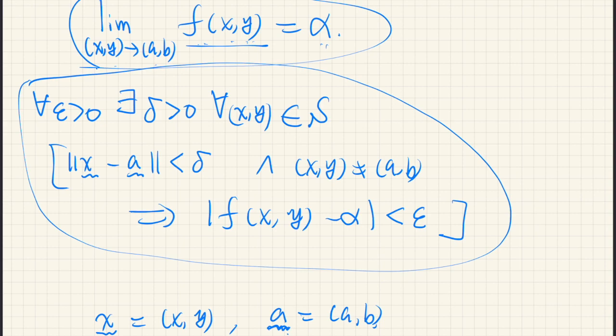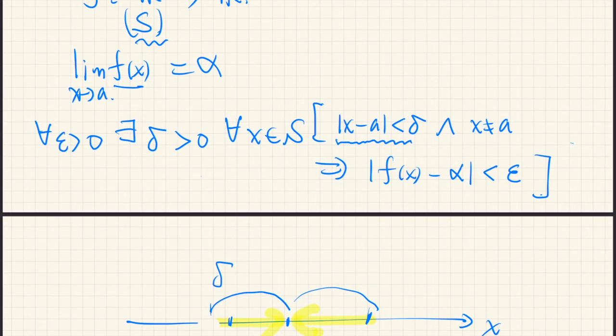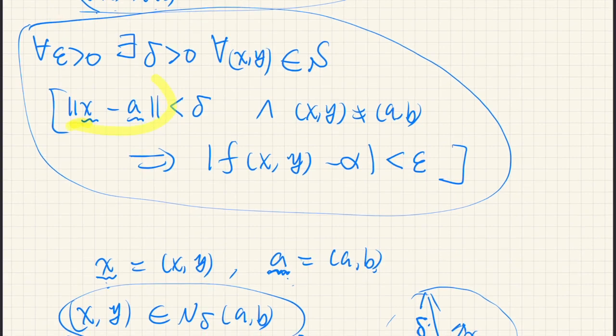Okay, so if we write like this, it's almost identical to the definition of limits in the case of univariate case. So instead of this absolute value, we use the norm. That's the only difference. So they are essentially identical. And of course, this is a natural generalization of the univariate case, because in the case of one-dimensional space, this is just the same as absolute value.